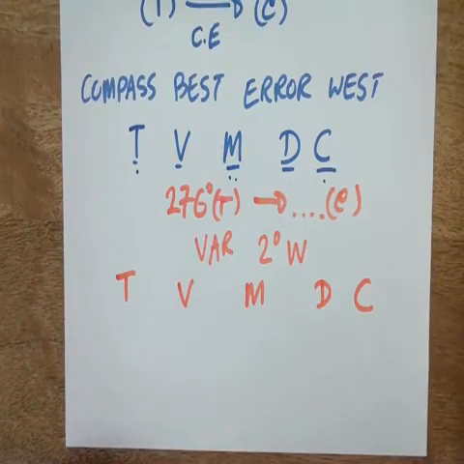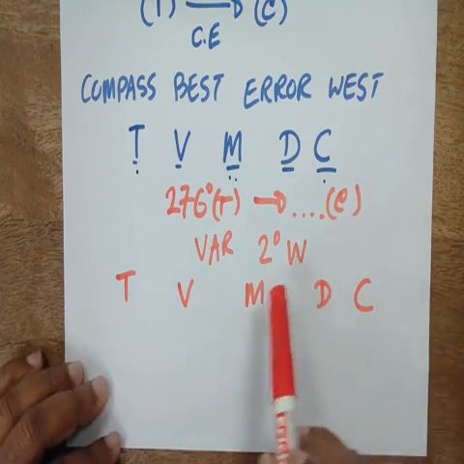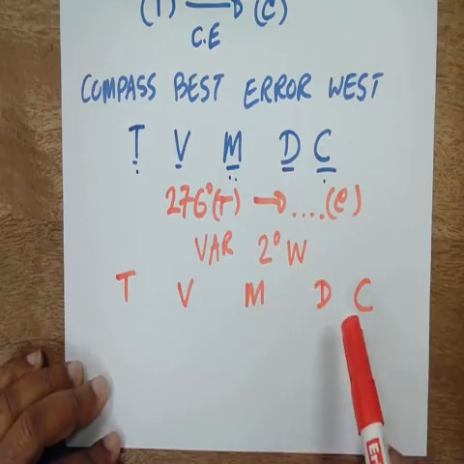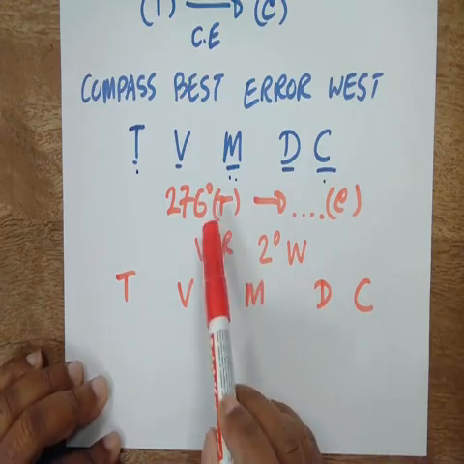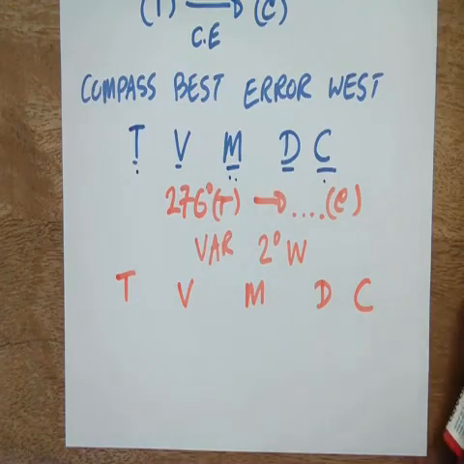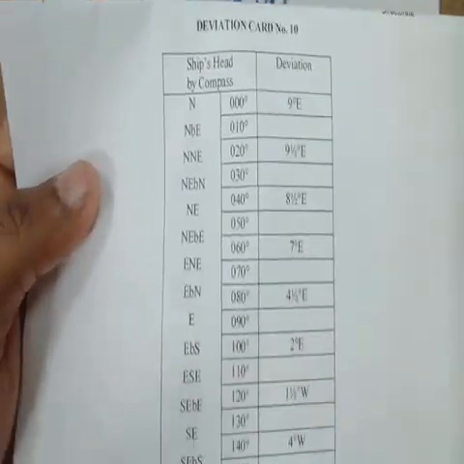So now we need to find out the deviation for this, because the variation is already given. We need to find out the deviation in order to find the compass error in this case. This is the deviation card that we are going to use.